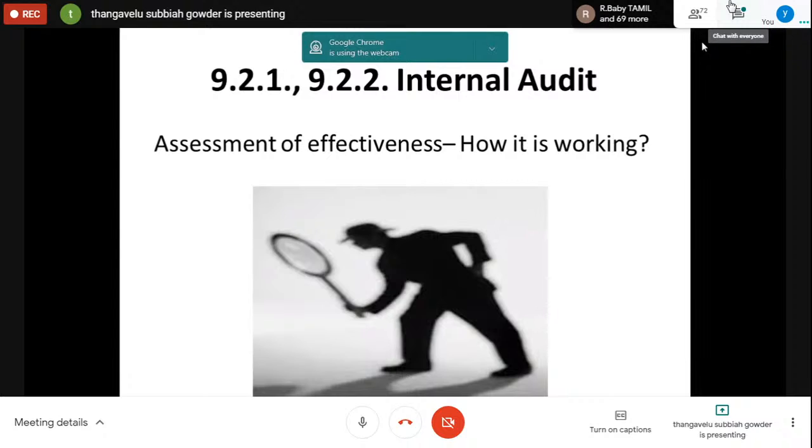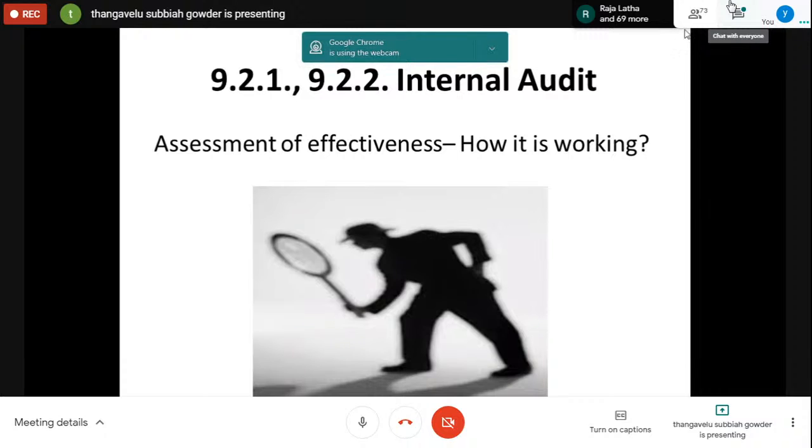The same person who has responsibility will not audit the same department. And he will ensure this audit is not a fault finding exercise. We want to ensure whether we are following the suggested systems effectively. And to ensure that effectiveness, we will be verifying the records.